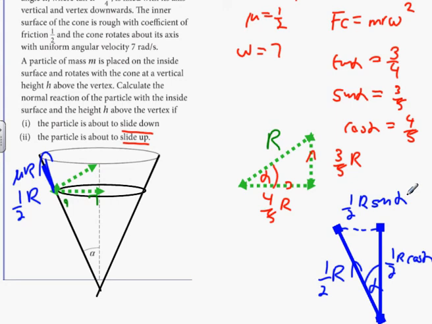That makes sense? Now, what you're basically doing there is you're halving 3/5, sine alpha being 3/5, cos alpha being 4/5. So what we can have here is 2/5 R going up and 3/10 R going to the left.